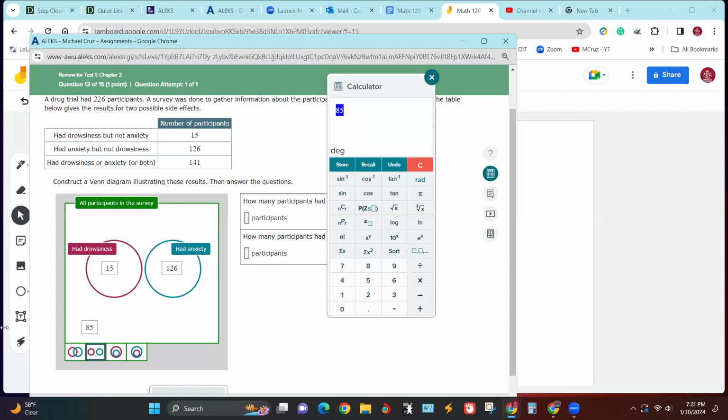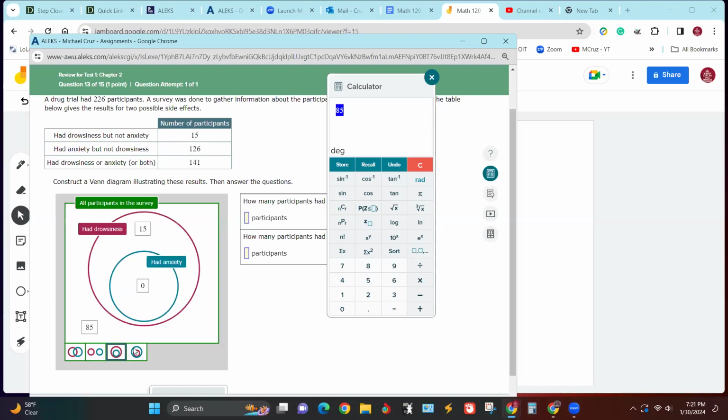Okay. So then there's 15 essentially in drowsiness alone, 126, I'm sorry, in anxiety alone. Oh, wait a minute. They're backwards, aren't they? No, that's right. So that's 15 had drowsiness, 126. So there's no overlap. So that's why we choose that one.